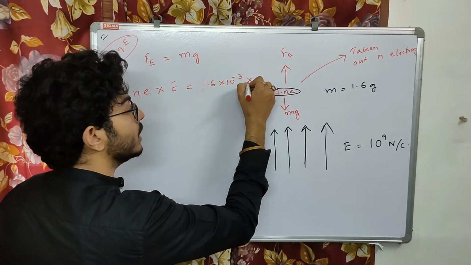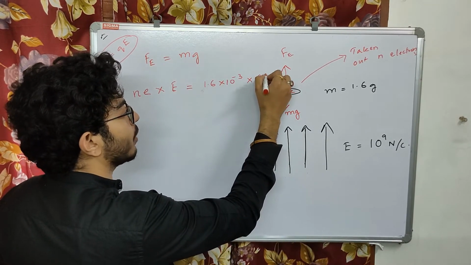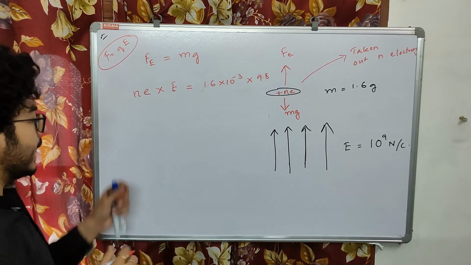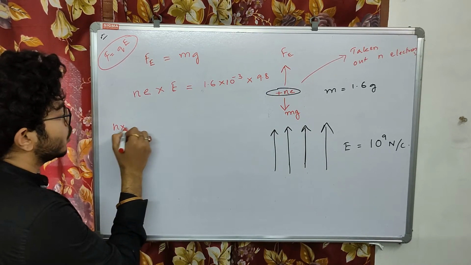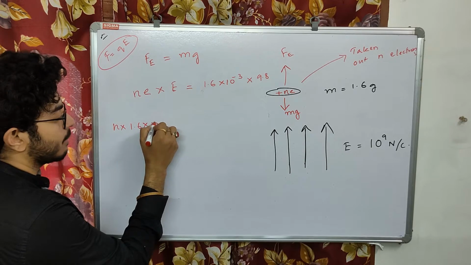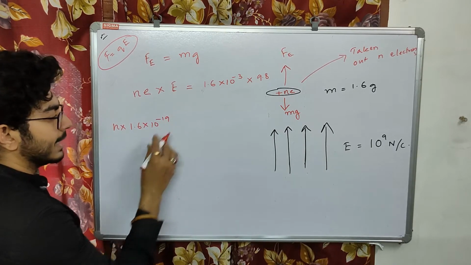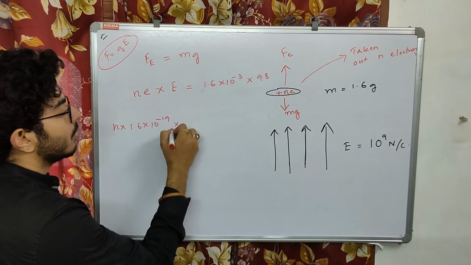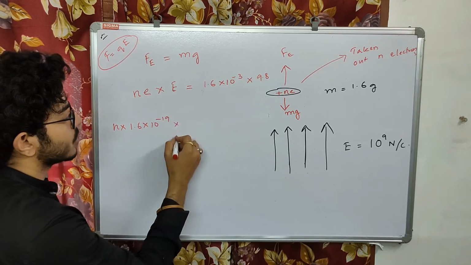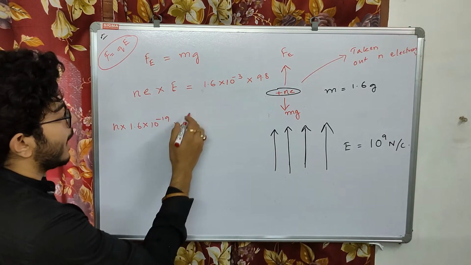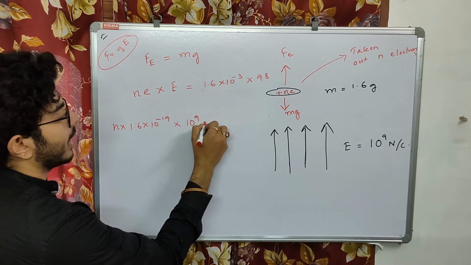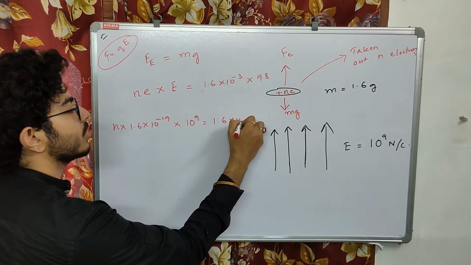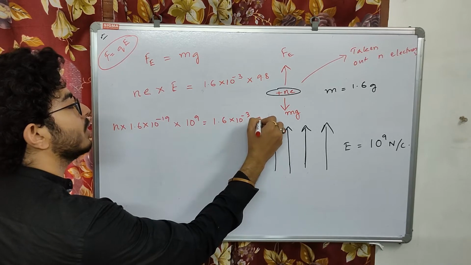Kg into g is 9.8. So now n into 1.6 into 10 to the power minus 19 coulomb, that is the magnitude of electric charge for an electron. Now the electric field is given as 10 to the power 9, and we are going to get 1.6 to the power minus 3 into 9.8.